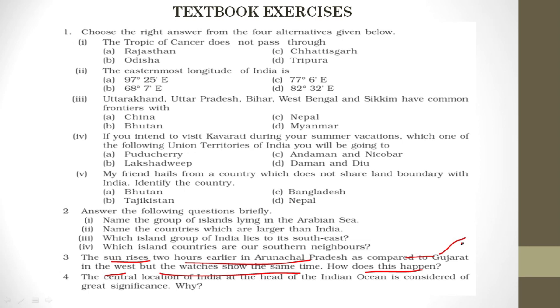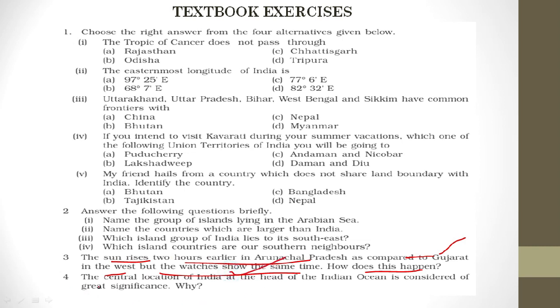Therefore we have adopted a standard meridian on the average of both these longitudes, which roughly comes to 82 degrees and 30 minutes east. Therefore the watches show the same time all over India.